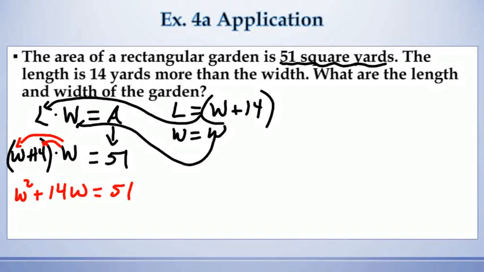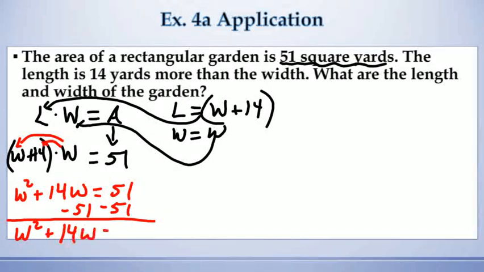Now in order to do this, like we did before, I need to make this equal to 0. So if I subtract 51 on both sides, now I have W squared plus 14W minus 51 equals 0.